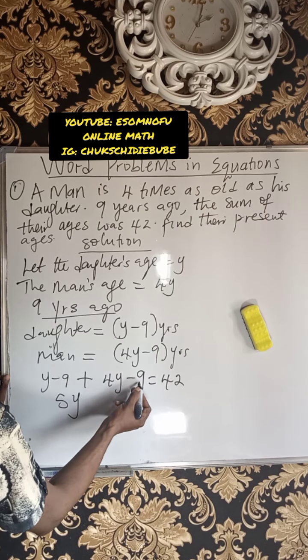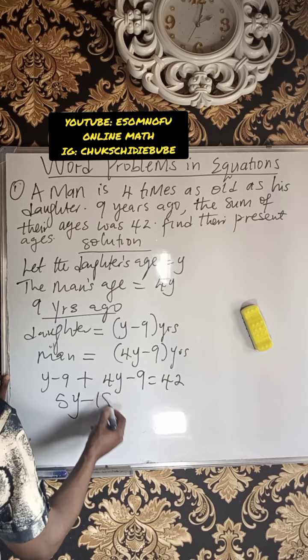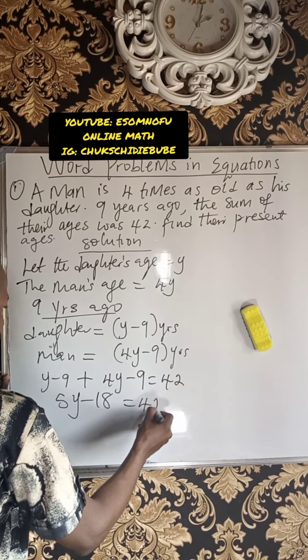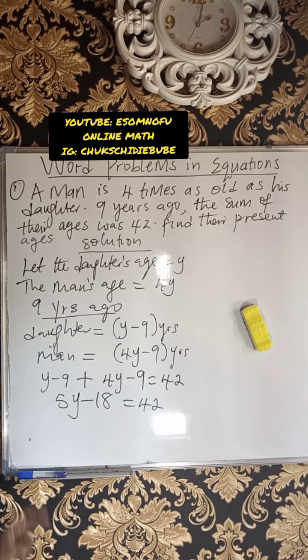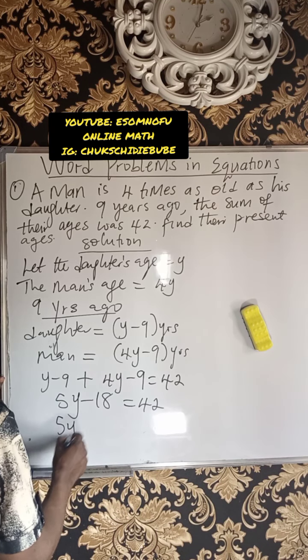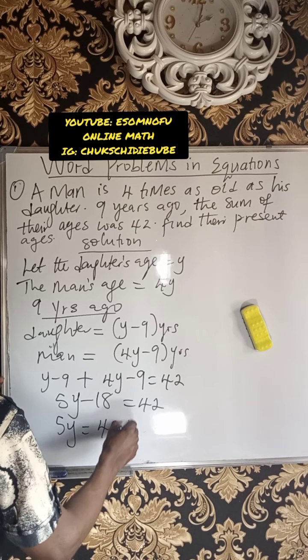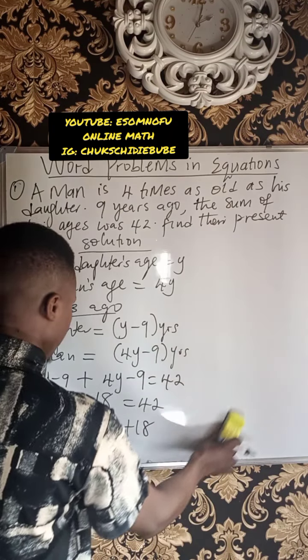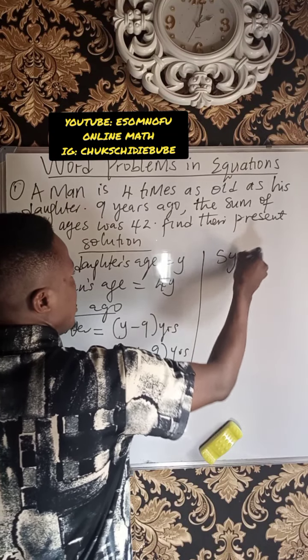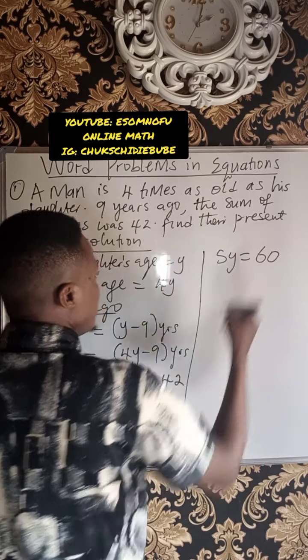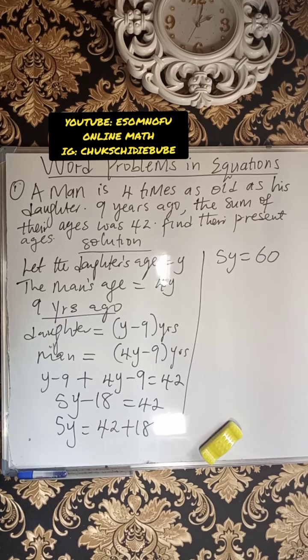Minus 9 minus 9 is the same thing as minus 18, equal to 42. Then minus 18 will cross over, it turns to plus. Therefore, 5y is the same thing as 42 plus 18. Okay, so now 5y is equivalent to 60, because when I add 42 to 18, I'm getting 60.